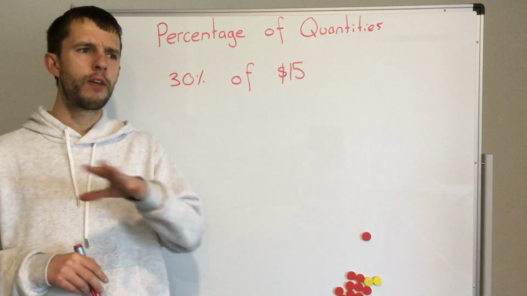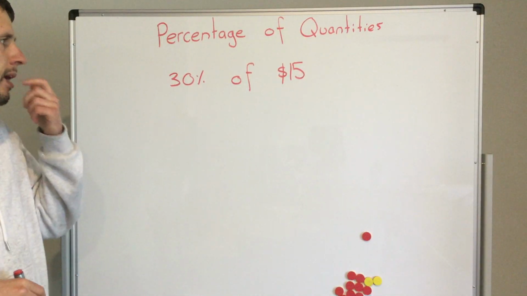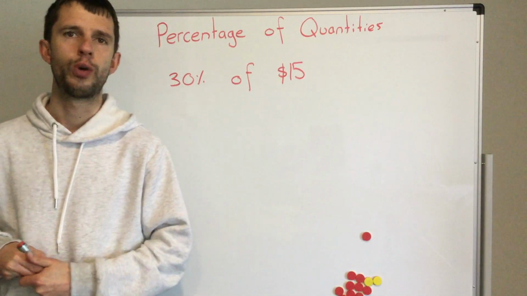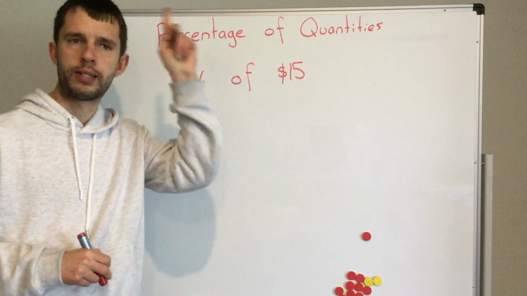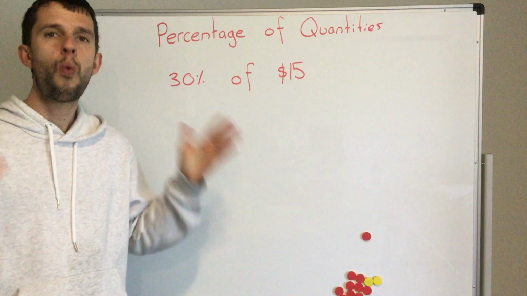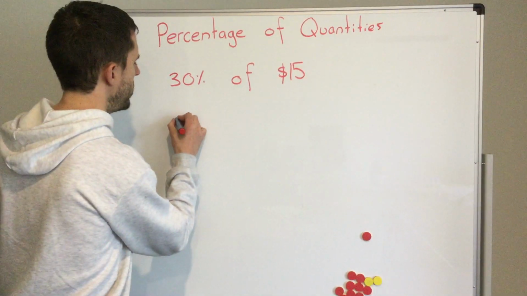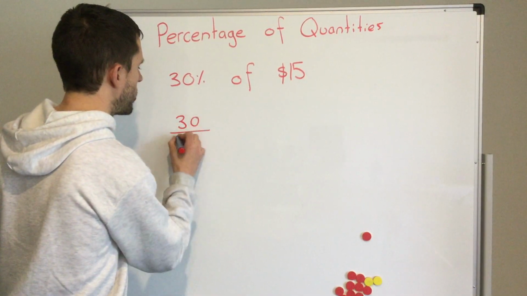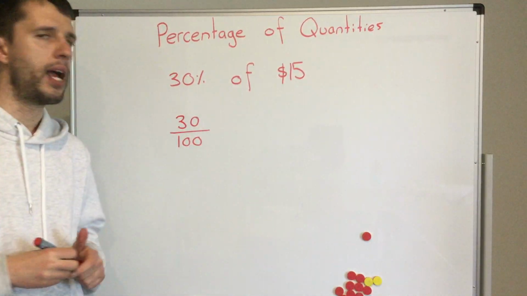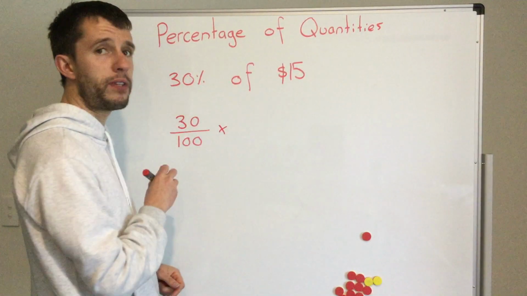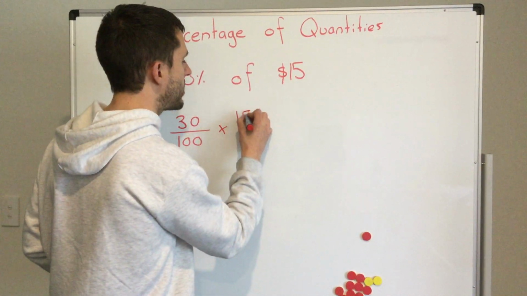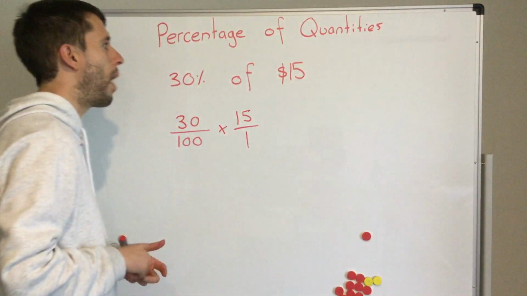Okay, you should have had plenty of time to have gone through this question already. So 30% percentage, yes, it is going to be out of 100. Awesome. So that means I can write it as 30 divided by 100 times, remember 15 is the same as me writing it as 15 over 1.